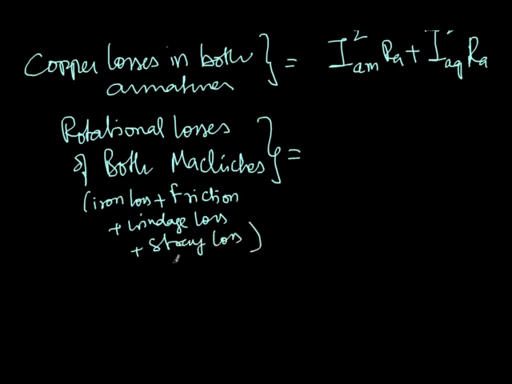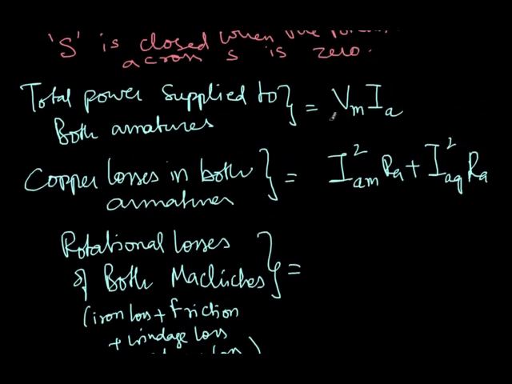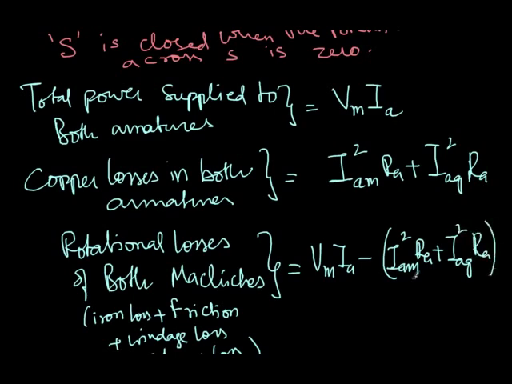Stray loss is another term used for any additional losses that are happening. So, these whole losses will be nothing but this total Vm IA minus this whole thing, IAM square RA plus IAG square RA. So this is the total rotational losses.